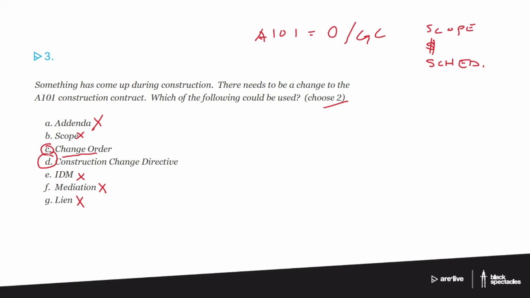So the construction change directive is when you can't get a change order because you can't get everybody to agree to the number, but you then say, okay, we're doing it anyway. You produce this document, the contractor does the work, bills for the amount that's available to them, but then would also probably start a dispute resolution through mediation or litigation or arbitration or whatever, probably not through the IDM because that would be you.